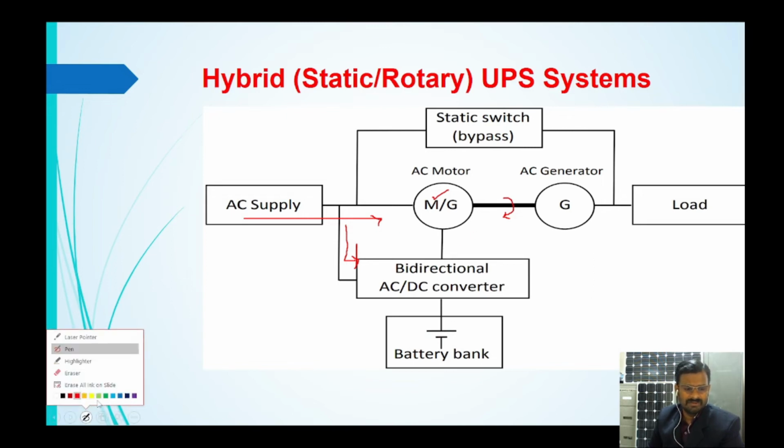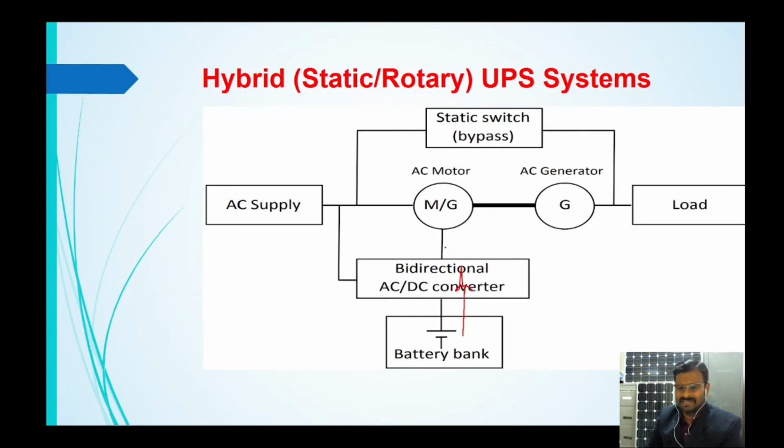When there is a power failure, the supply won't be available from the AC supply. So now we need to take the power from the battery. We take the power from the battery, and now this bidirectional converter is going to act as an inverter, which converts the DC into AC.